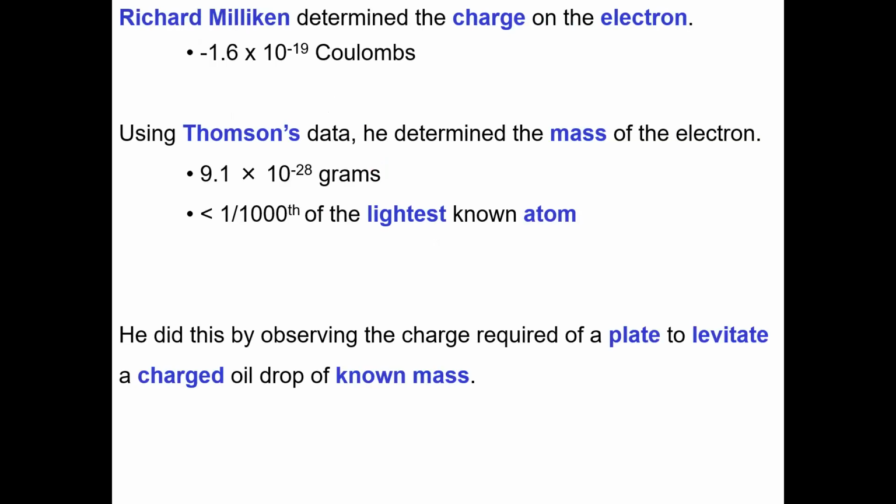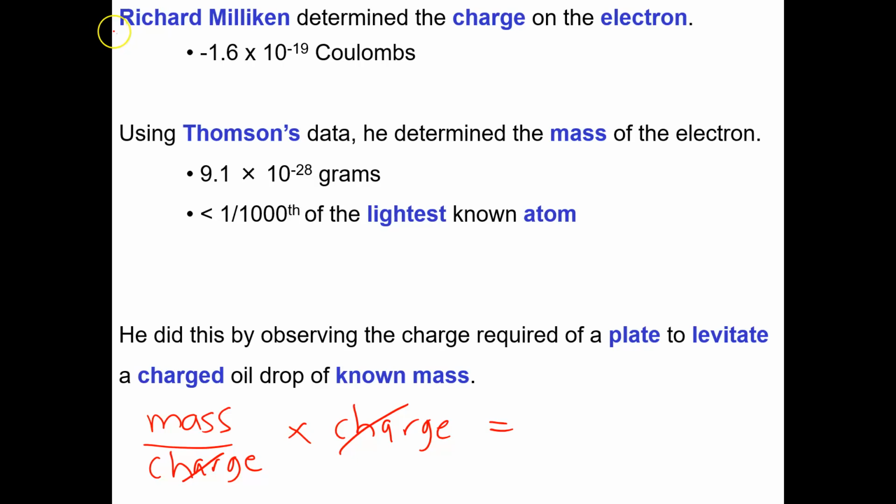Now, having the mass to charge ratio of an electron is not very interesting. What we really want is the mass of the electron. If we can get the charge, we can combine that with Thomson's mass to charge ratio and get the mass. Richard Millikan, an American physicist, figured out the charge on the electron, and we'll talk about how he did that in a moment.